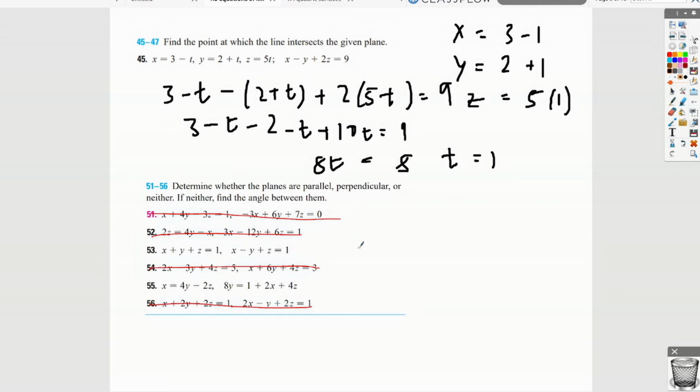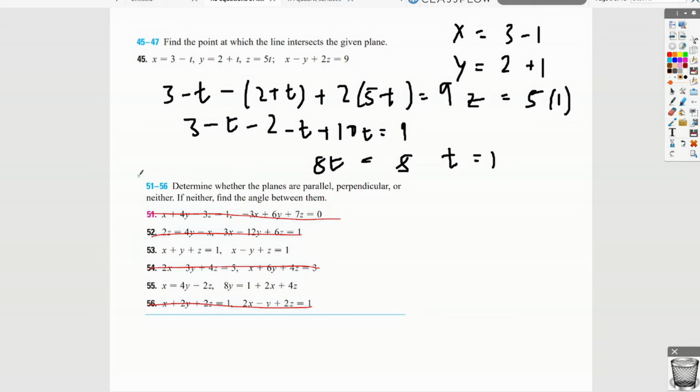Determine whether the planes are parallel, perpendicular, or neither. Remember what I said about the vector multiple thing? It's the same for this one. Just because the vectors are normal doesn't mean they can be different when they are parallel.